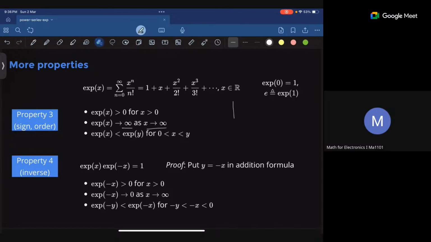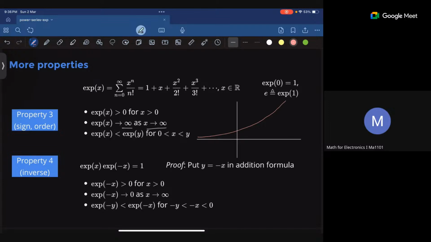If you have seen the plot of exponential, it will look like this. So as x tends to minus infinity, this will go to 0. As x tends to plus infinity, this will go to plus infinity, and it will be very very smooth.